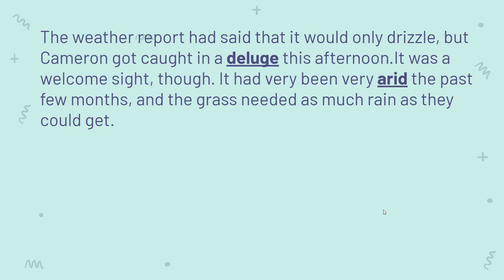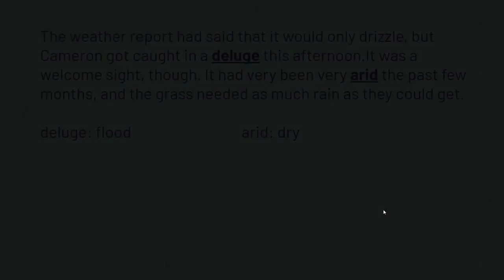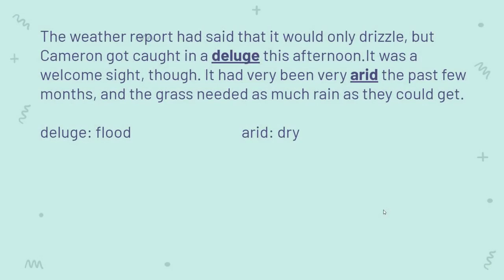So you can think about these words, and you can look at the clues in the text to figure out what they mean. So when we're talking about a deluge, it means a flood, like all of a sudden all this rain is pouring down. And then also that word arid. They talked about it being very arid and the grass needed rain. So arid means dry.